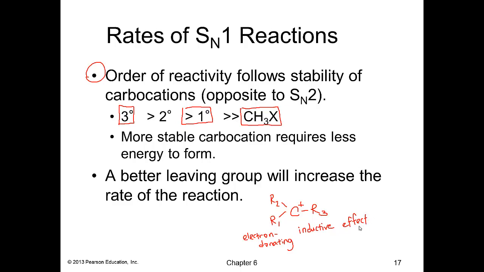And the more stable the carbocation, the better the energy level. In terms of better, I mean the energy required to form it would be lower. Therefore, it will be likely to be formed and the reaction can be faster.